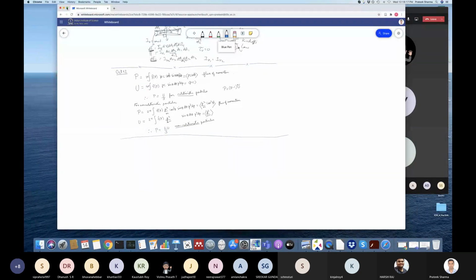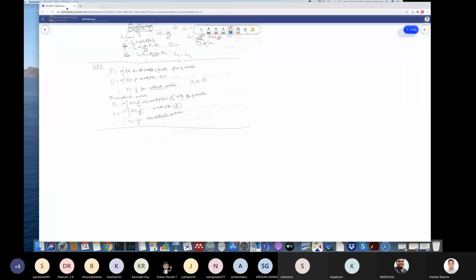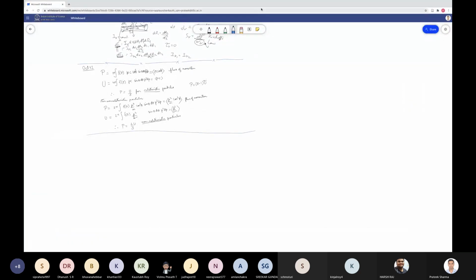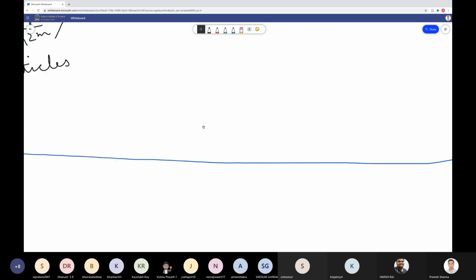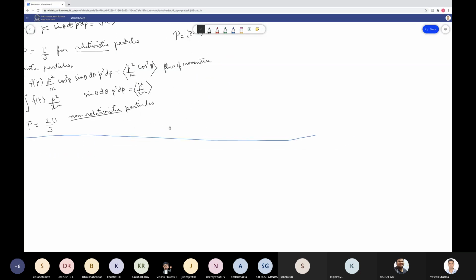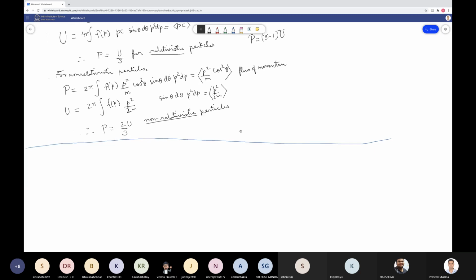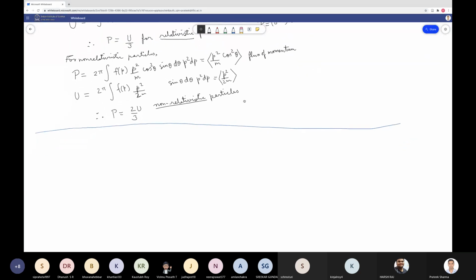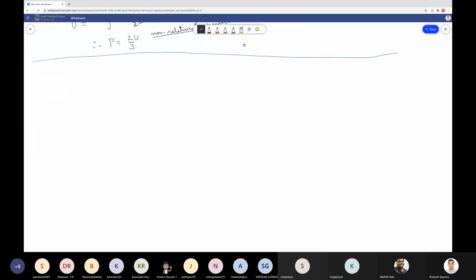I'm just adding to the same notebook, the same material. Anyway, let's see. Okay, so I will start here. Yeah, this is much better actually.